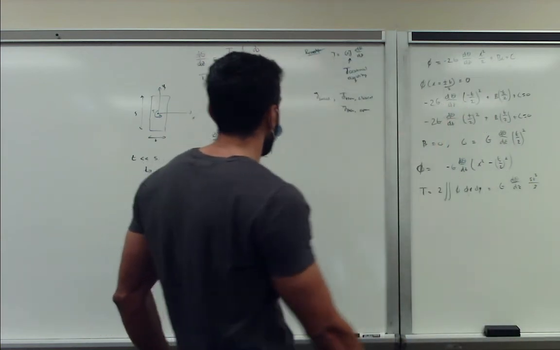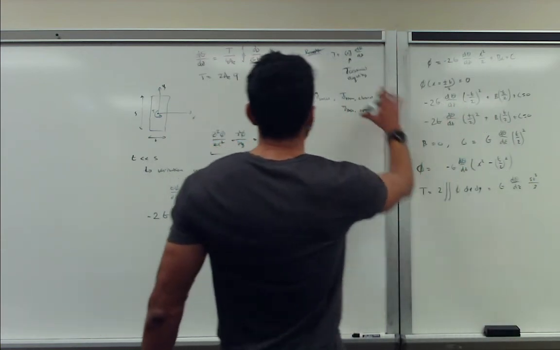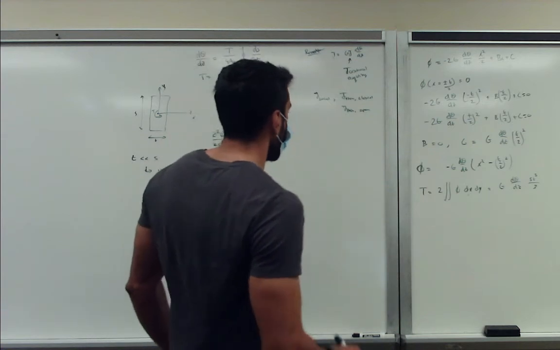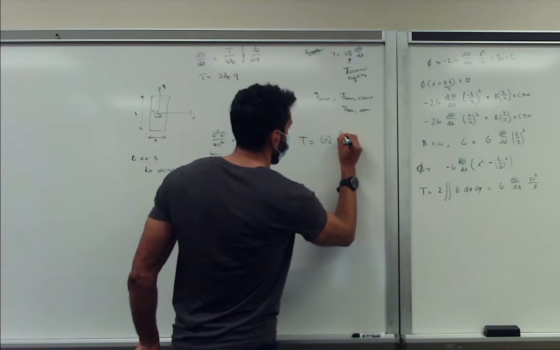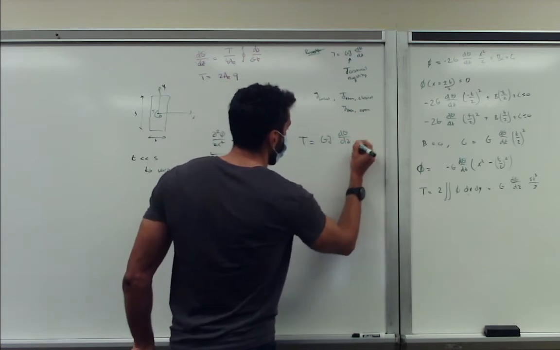Now we can compare this torsion rigidity with our previous torsion rigidity. So we have for closed section torsion, or solid section, we have this.